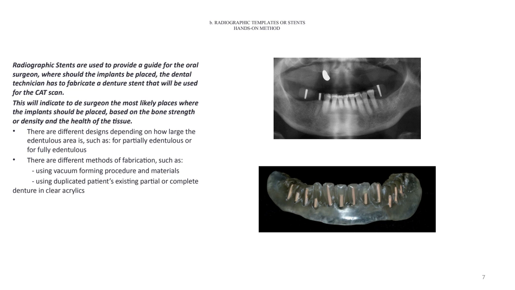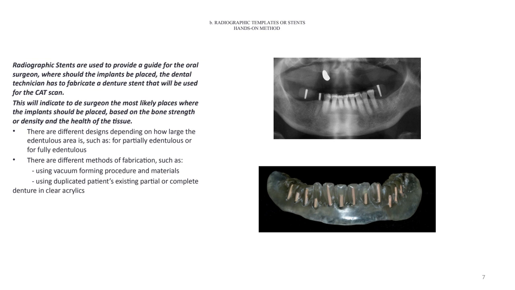The radiographic stents are usually used for either complete denture or partial denture restoration, and they're usually made of clear acrylic, and then they have this type of radiopaque material that is put on the teeth of the dentures to indicate the possible positions of the implants.